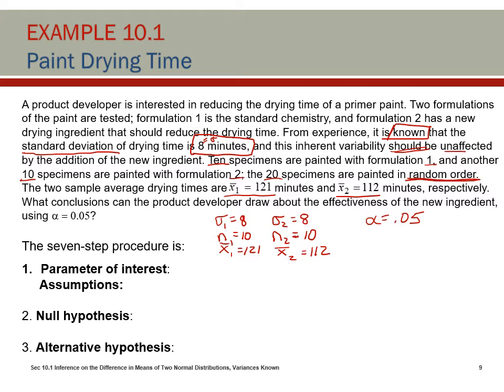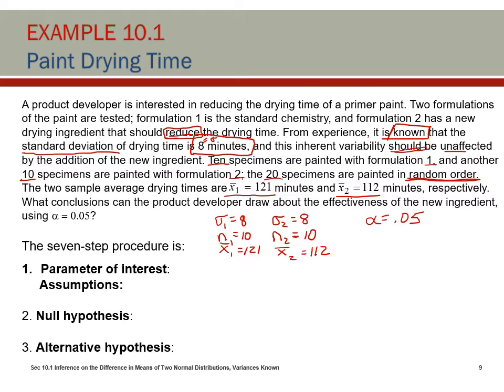Now, what conclusions can the product developer draw about the effectiveness of the new ingredient? Well, we are hoping that the second one is going to reduce the drying time. That's what he's trying to study in effectiveness. It's not written very clearly here, but we're trying to study reducing the mean drying time.